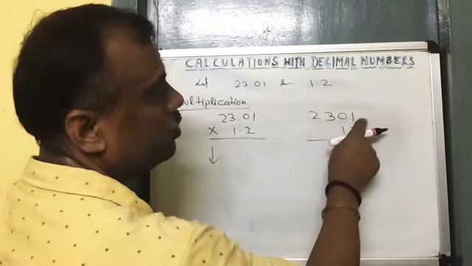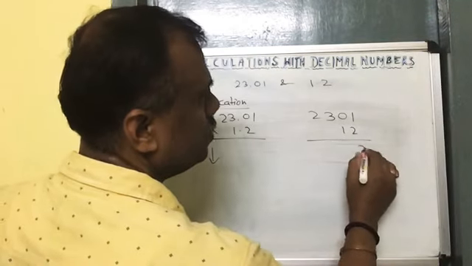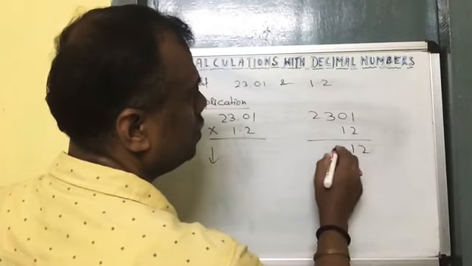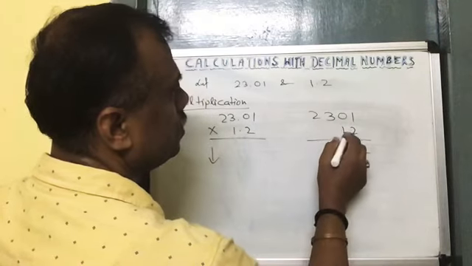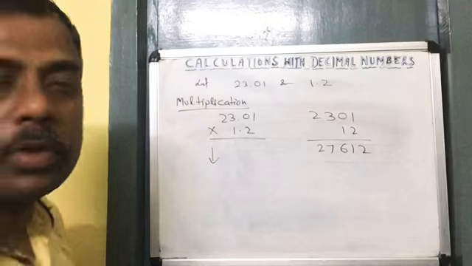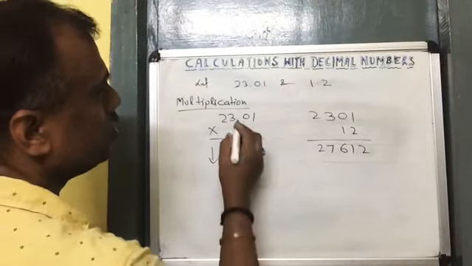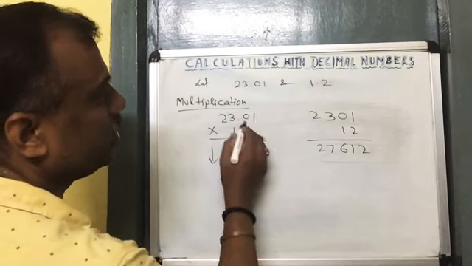Now I am going to multiply this directly. 12 into 2301: 2, 1, 6, 27. Now we will put the decimal at its place. So count the number of places where the decimal is.